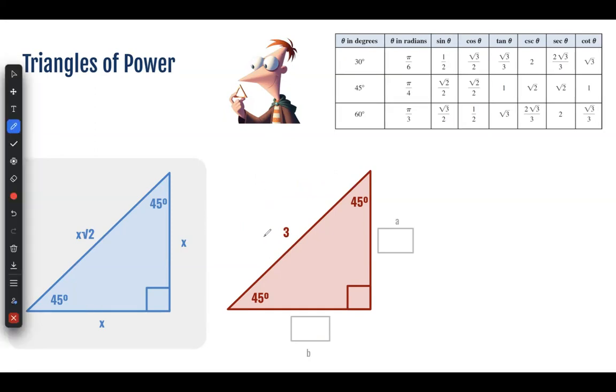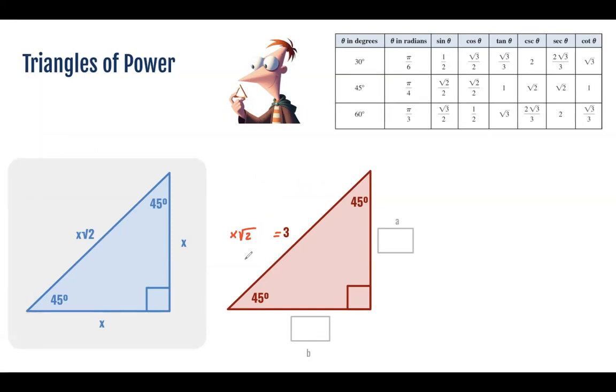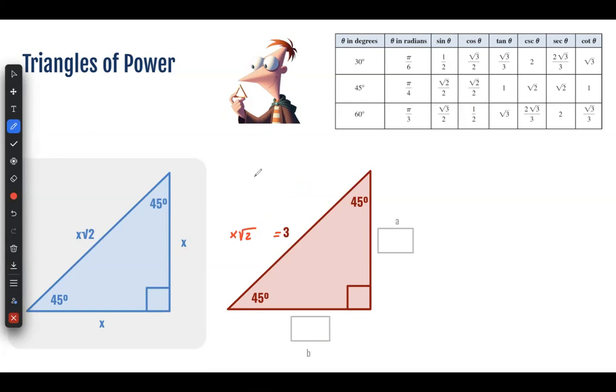But what about this one, where we are stating that x multiplied by the square root of 2 gives us 3, and we need to find an x that makes that happen. So we need to solve for x. And x is going to be equal to 3 over the square root of 2.